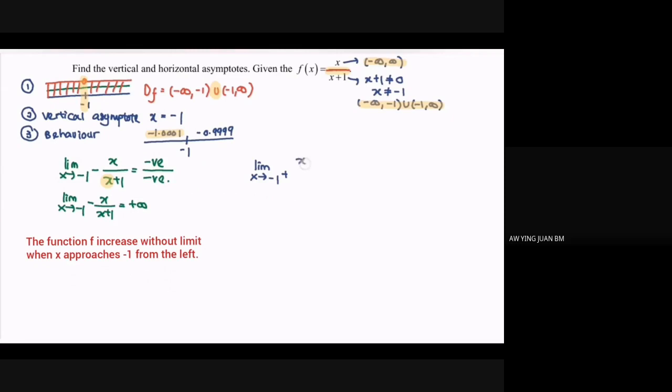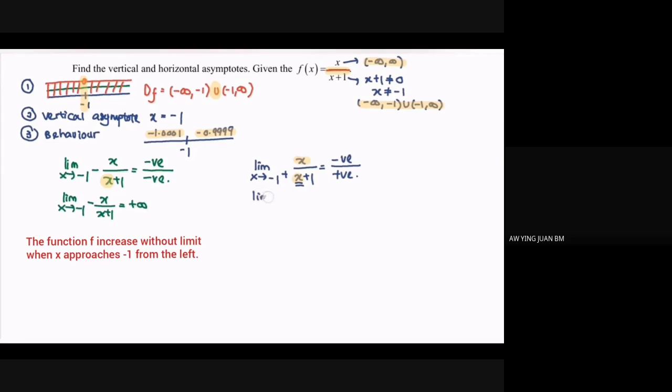So next, move on to the right hand side. We have x over x plus 1. So we will obtain a negative value on the numerator. Kindly substitute negative 0.9999 into this part, and we will have a negative value over, if we substitute into this part, a positive value, because negative 0.9999 plus 1 gives a positive value.